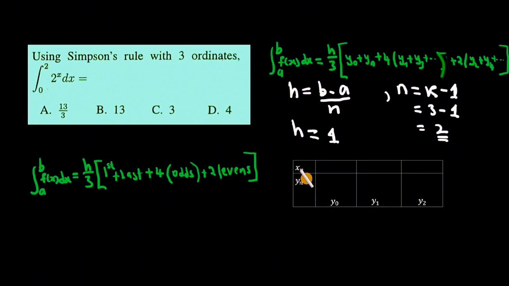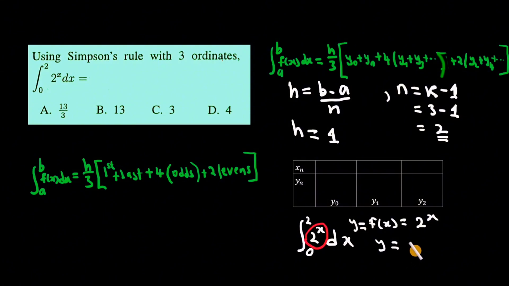Now let us calculate the x values corresponding to these ordinates. From this integral, comparing it to the general formula, f(x) is equal to 2 to the power x. I know y is taken to be f(x), so y is equal to 2 to the power x. This integral is carried from x equals 0 to x equals 2.